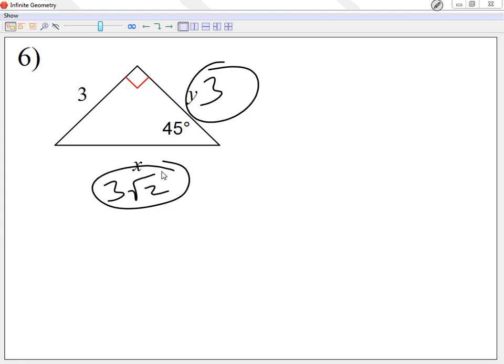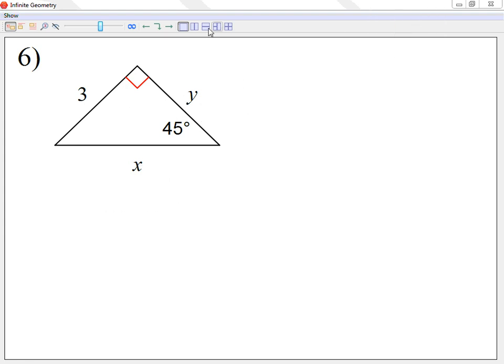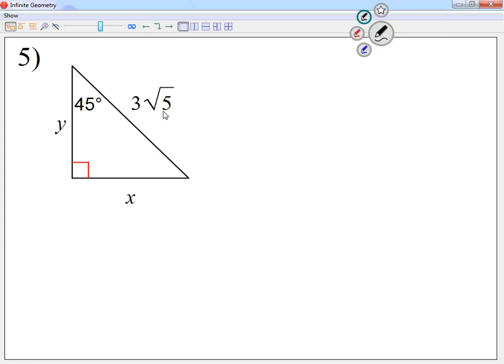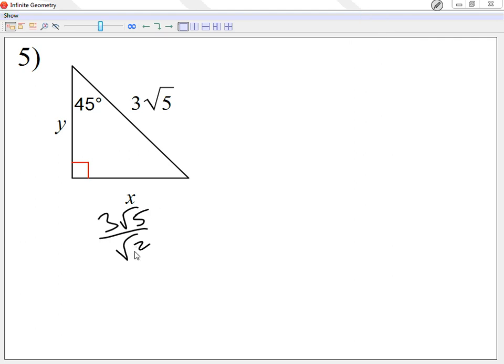Number 5? 5? Looking at number 5, I'm going to have to divide by radical 2. So for x, I have 3 radical 5 divided by radical 2. When I look at my radicals, 5 over 2, there's really nothing I can do. So the way I'm going to get rid of the radicals at the bottom, let me multiply top and bottom by radical 2.